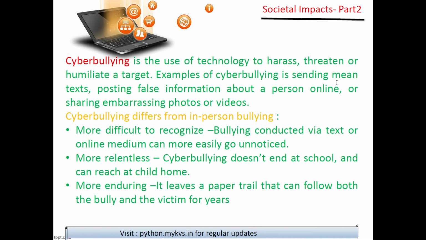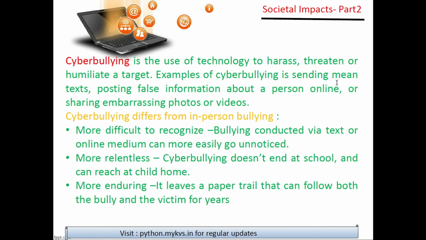Cyberbullying differs from in-person bullying. In schools and colleges in the real world, we sometimes bully people who have some funny kind of act all the time, but that's a different thing. Cyberbullying is more difficult to recognize, because bullying conducted by text or online medium can more easily go unnoticed, as people are not serious about the messages coming in, and sometimes do not even open the SMS.